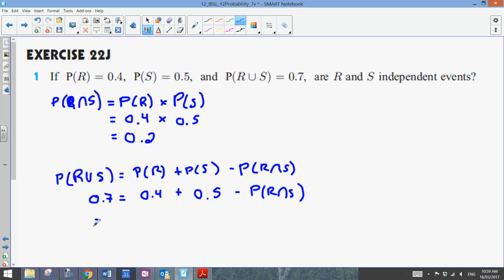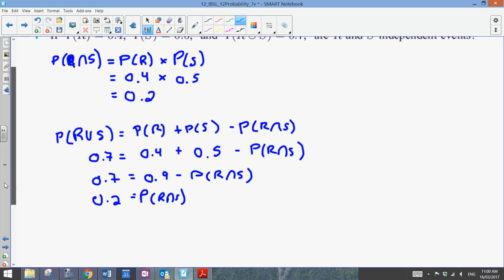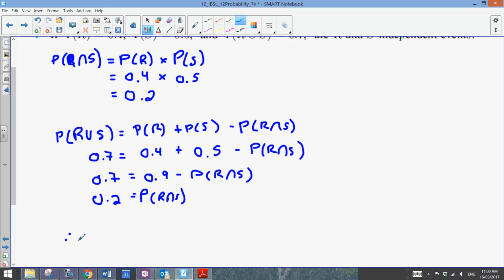So if we have 0.9 minus an unknown value equaling 0.7, we know that this unknown value for the intersection will wind up being 0.2. So because 0.2 is the intersection that we need to satisfy the rest of what's given to us, and it also is 0.2 when you multiply probability of R and S, therefore you can say R and S are independent events.